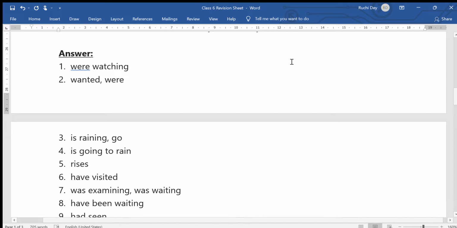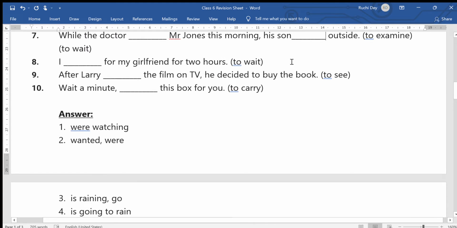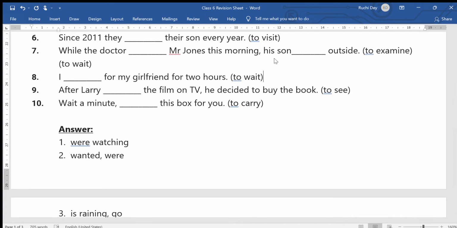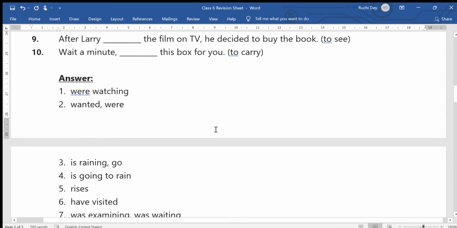I have been waiting is the correct answer. See the mistake we make quite often? When you have the word for, then it goes with I have been waiting. The person is still waiting. Right?